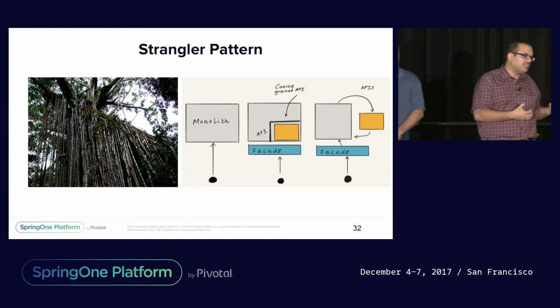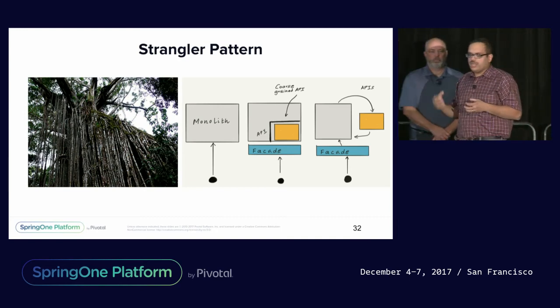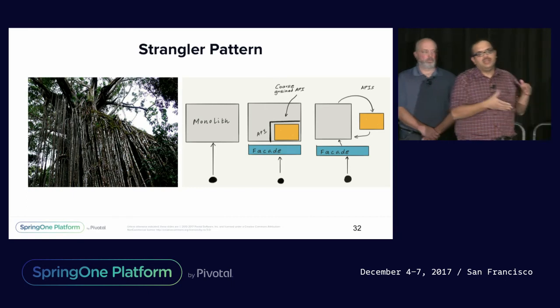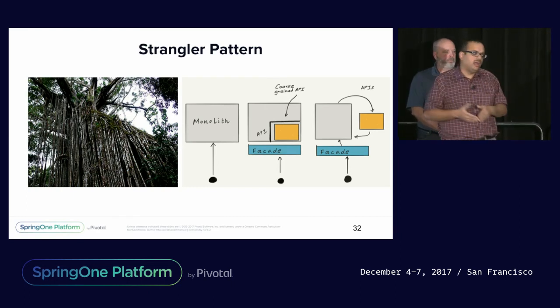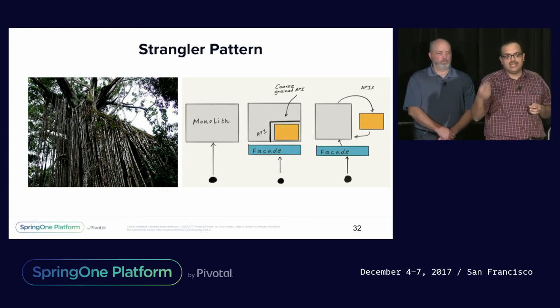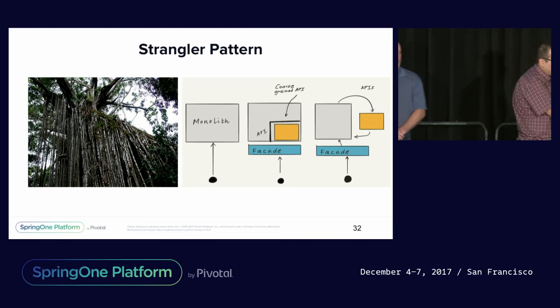Eventually, through these routing patterns, you can route a set of traffic to the monolith, and a smaller set of traffic to the microservice. If you keep doing this again and again, that big monolith basically shrinks to 0. So that's the strangler pattern.